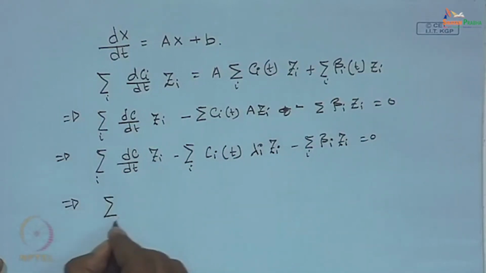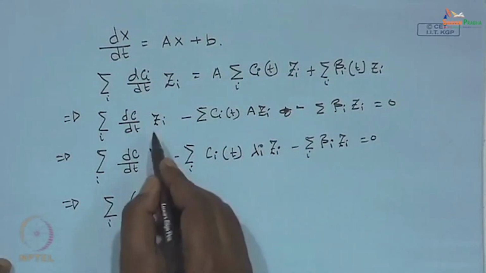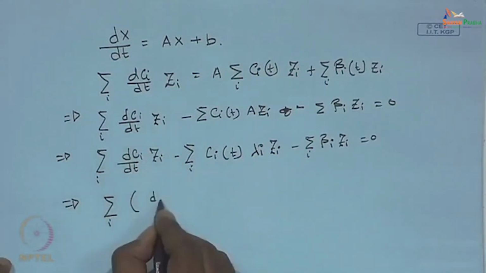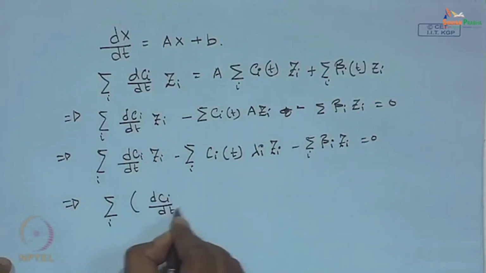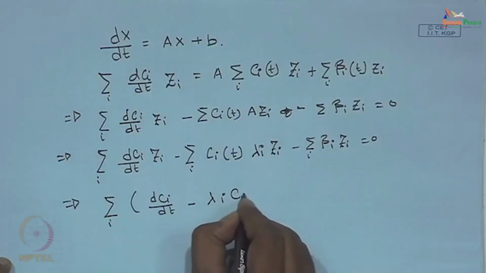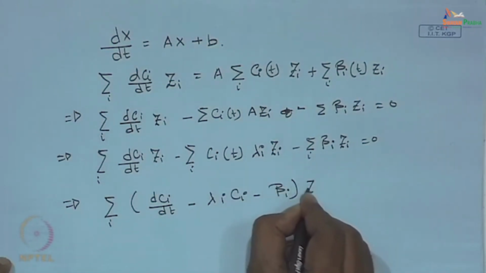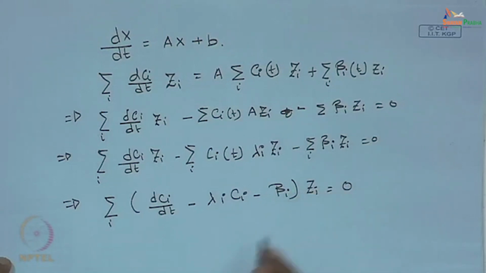Next, we bring everything under the summation. So, it becomes dc_i/dt minus lambda_i c_i minus beta_i times z_i equal to 0.